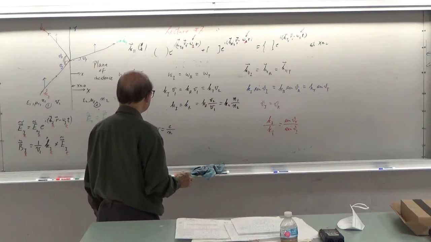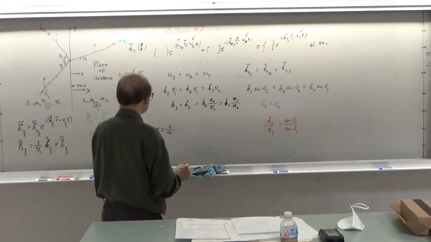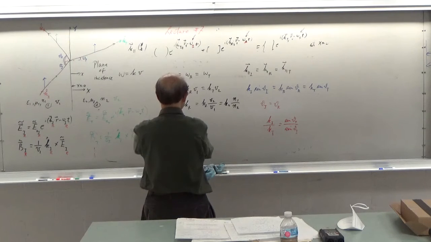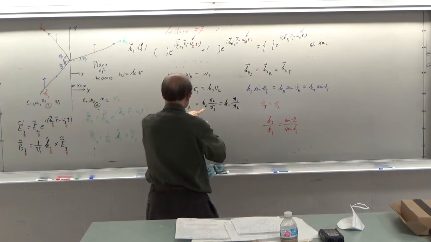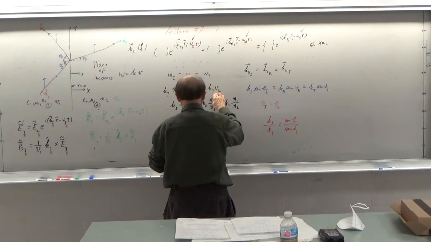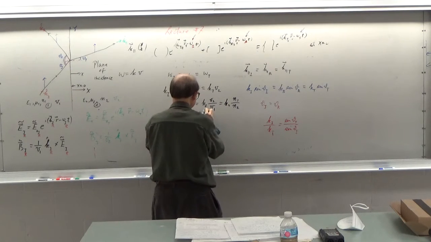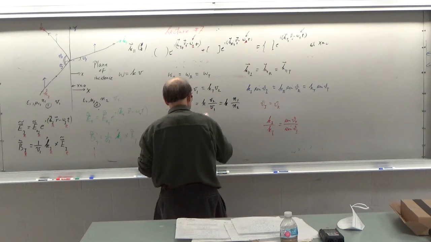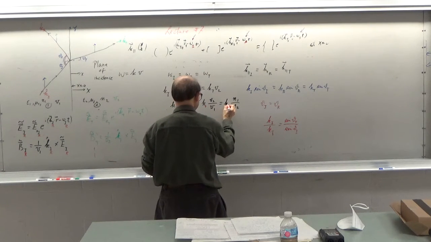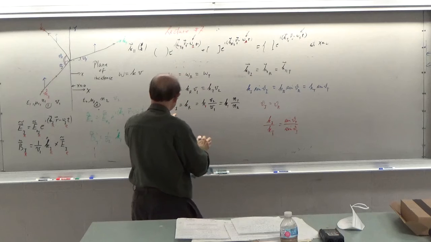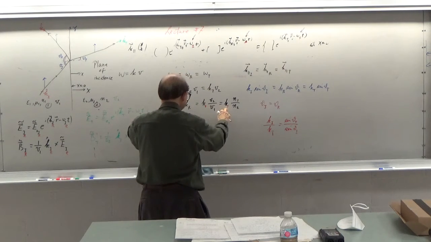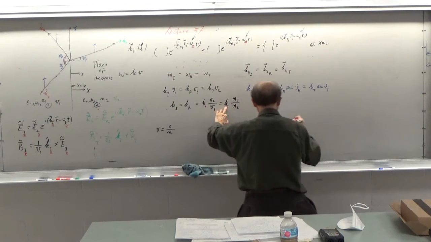But we already know that ki over kt is n1 over n2.